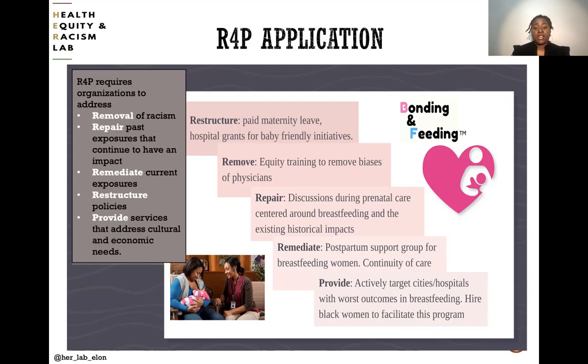So that's how they incorporated the provide component, by actively targeting hospitals with worse outcomes in breastfeeding so that those populations could benefit from this program, and then also hiring Black women specifically to facilitate this program. So again, these were undergraduate students who used the R4P framework in a class that was focused on inequities, and created this program focused on breastfeeding inequities in the Black community.